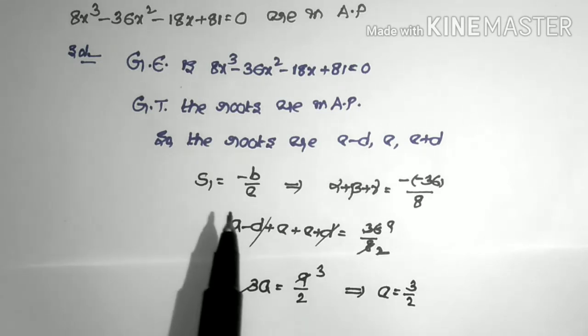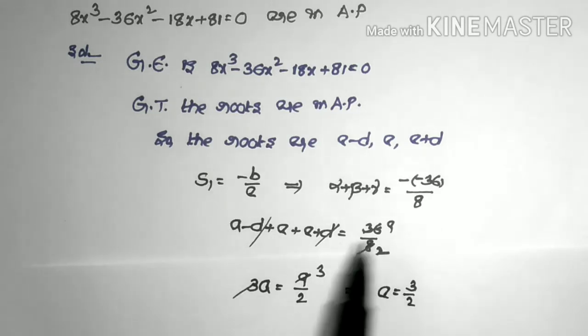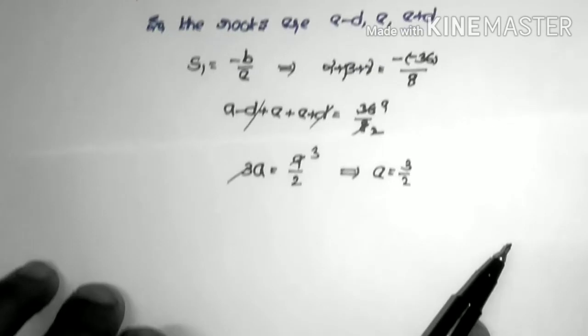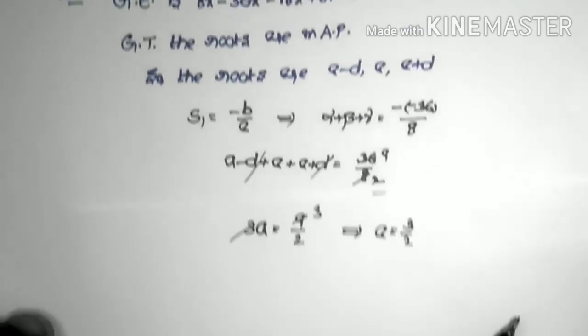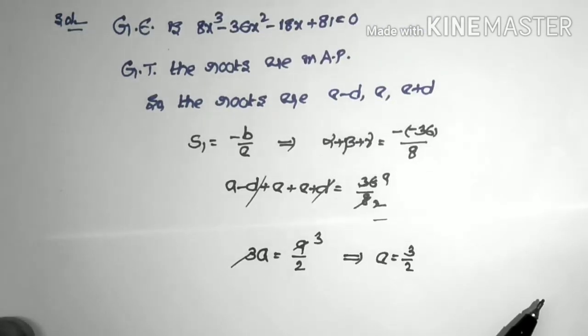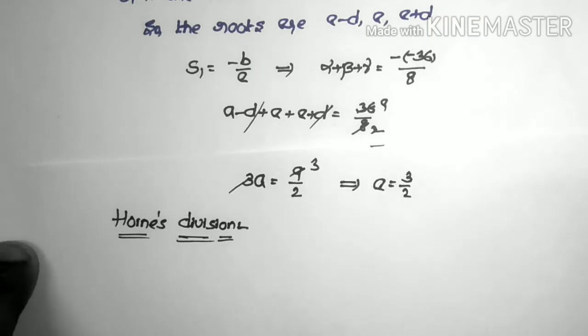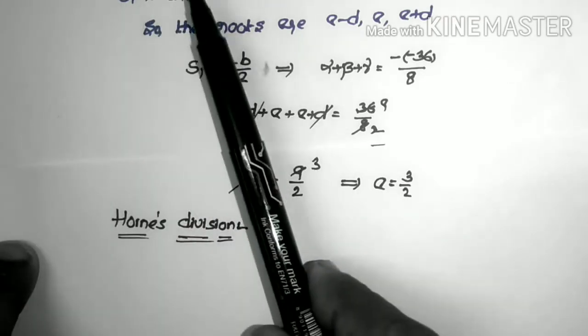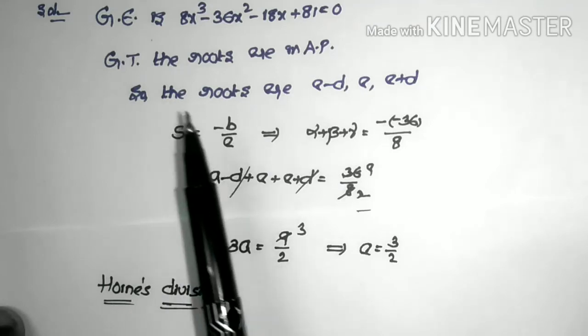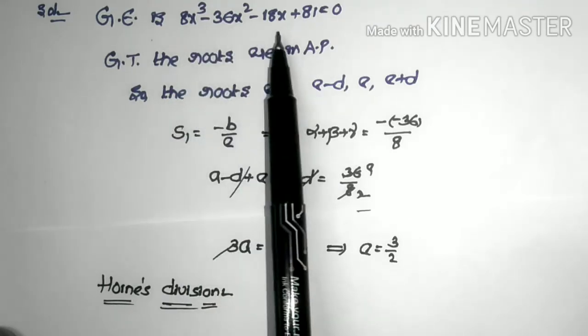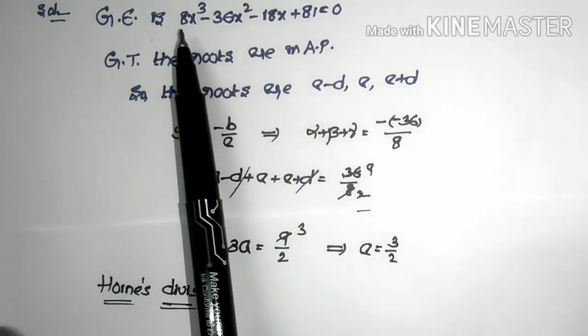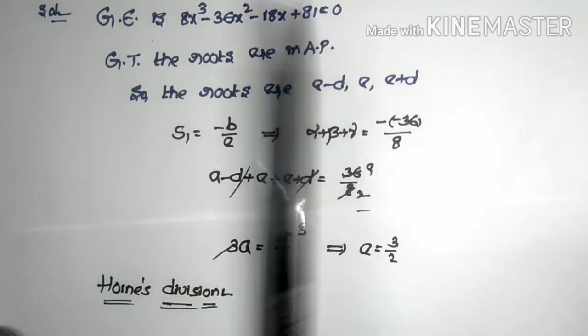The given question is to solve the equation. Solving the equation means we have to find the 3 root values. So here we get a is equal to 3 by 2. Now we want the remaining 2 root values. To find them, we take the Horner division. To do the Horner division, first of all we take the coefficients of the given equation: 8, minus 36, minus 18, 81.